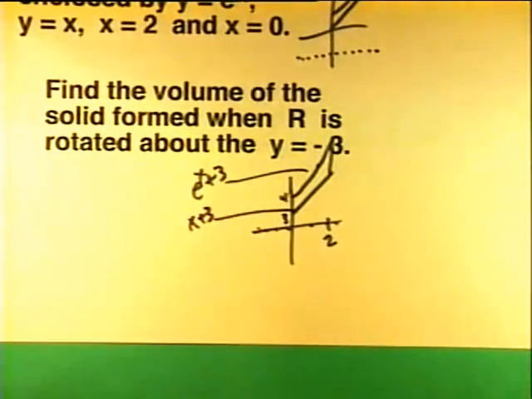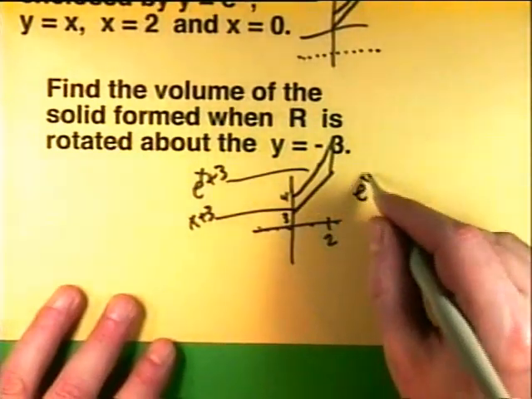So what are we going to do? We're rotating this region about the x-axis. Put the plus 3 down on e to the x. What do I write? It's e to the x plus 3.